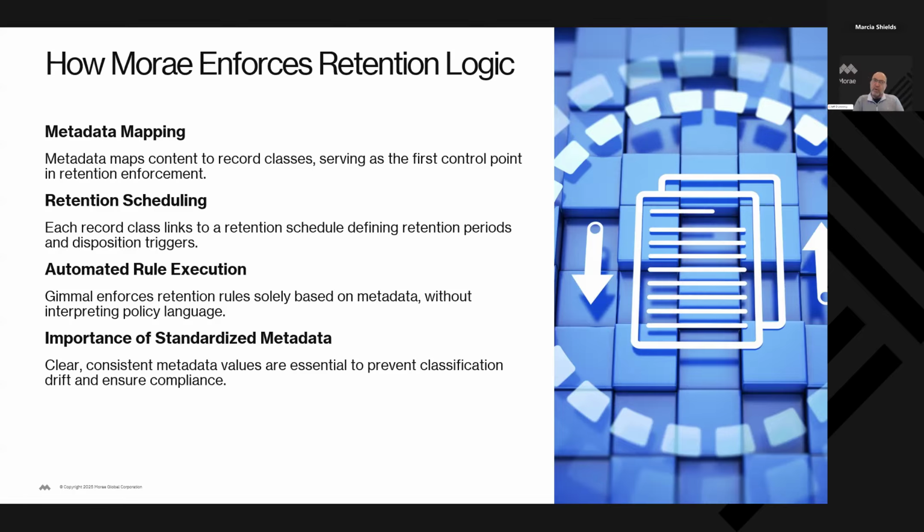It could be a folder if we're in file shares, because we're a little bit hampered there, and the list goes on of how we can do that. And then record classes are associated with the record schedules, and then the schedules define the duration and the triggers associated with that, right? So we don't interpret the policy language.